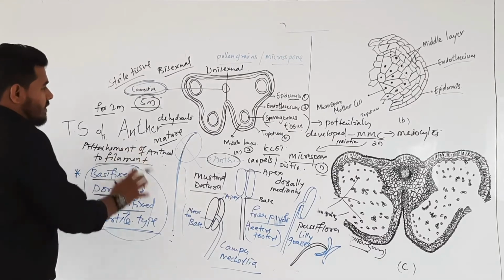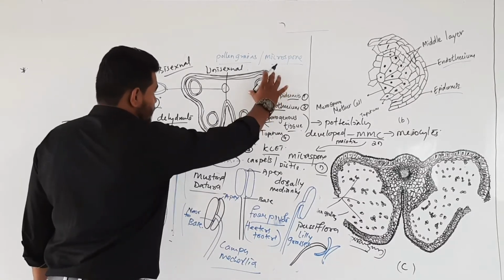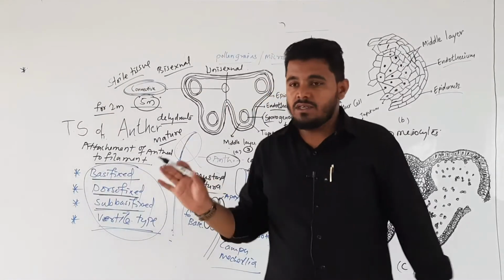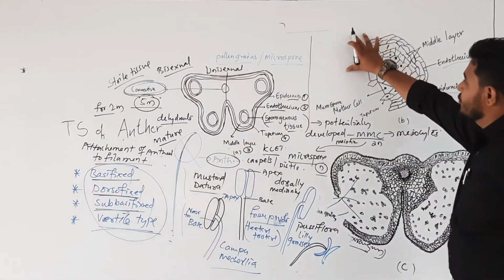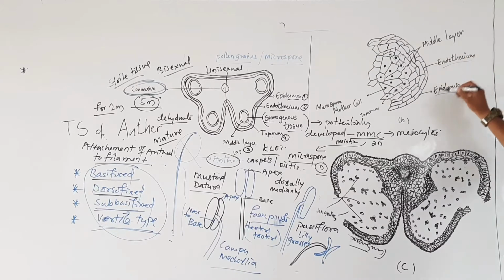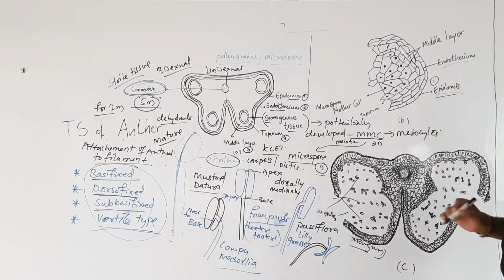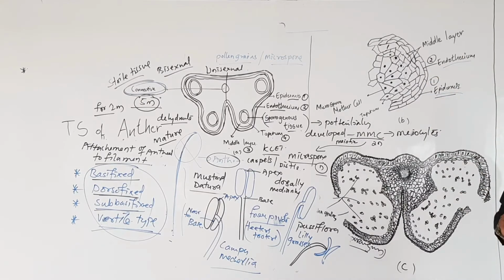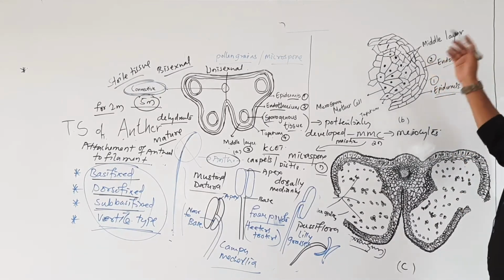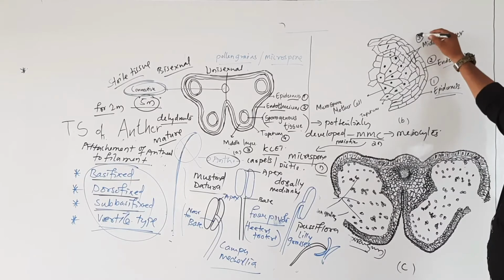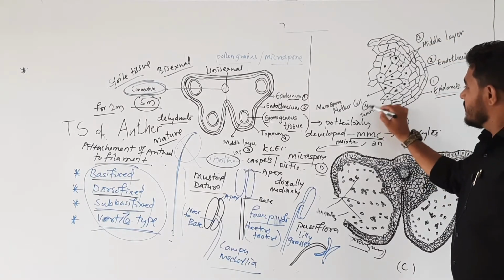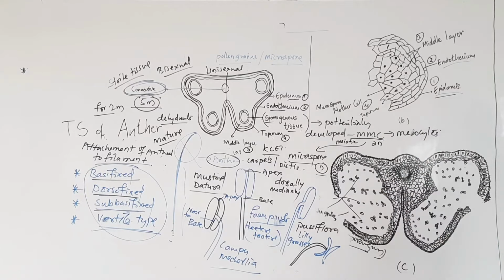Next we move on to the microsporangium diagram. As we have seen, this microsporangium consists of the epidermis as the first layer from the outermost, the second layer endothecium below that, the third layer the middle layer, and the last one the tapetum.